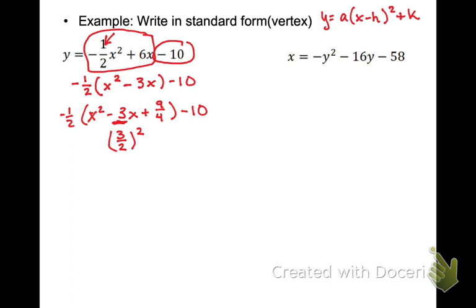Now, in order to not change a function, like if I just add 9/4 into this function, did I change it? Yeah. I added, what's the only number I can add without changing it? Not 0? So I added in 9/4, so I need to also subtract 9/4. Okay, so minus 9/4.